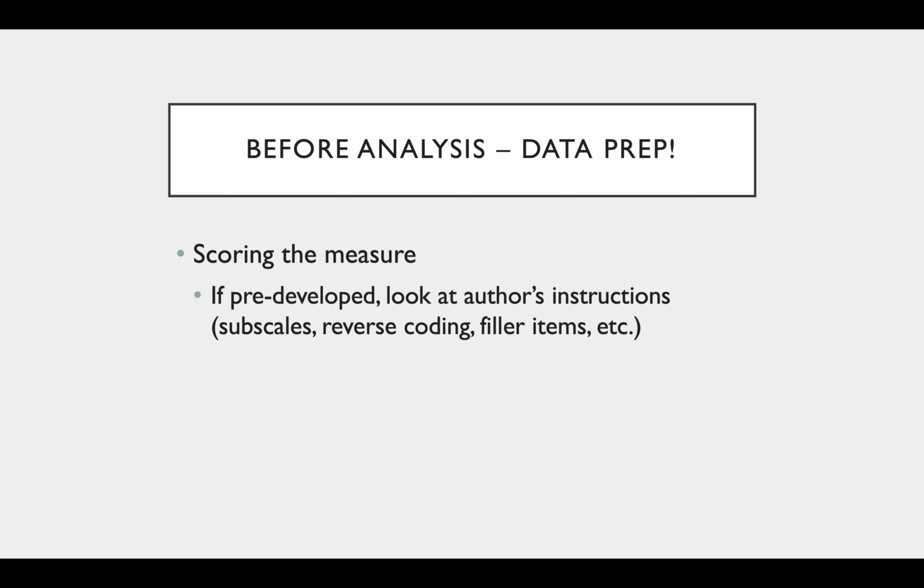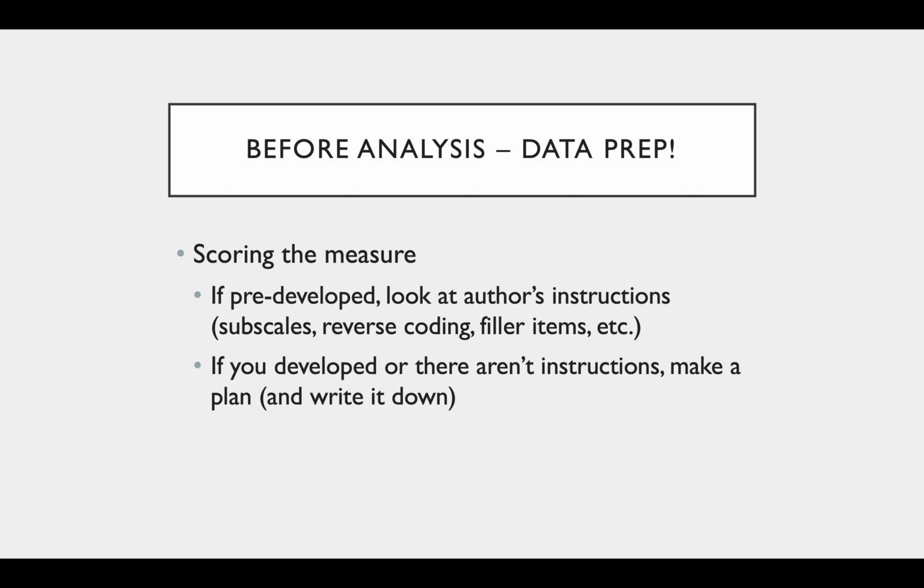Some of these scales have what are called subscales, which means maybe 4 or 5 items actually make up one facet of whatever it is you're trying to look at. So maybe it's state self-esteem versus trait self-esteem or something like that. But the instructions will also tell you what items need to be reverse coded and such as well. So that's just kind of a good place to go to in general when it comes to cleaning your data.